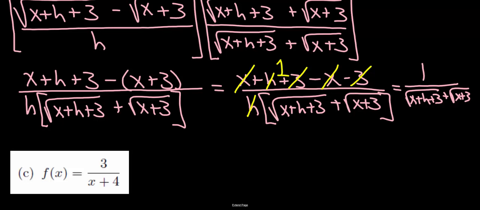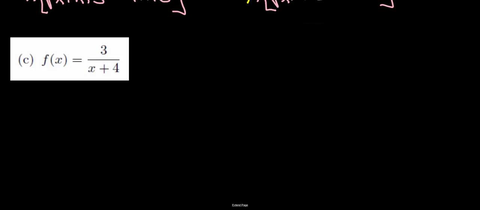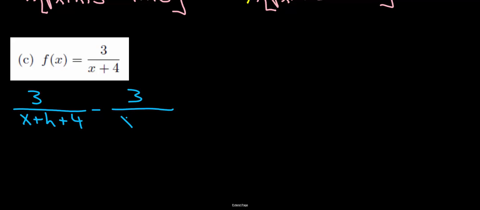Now here's the third type, where we have this rational function. We set up the difference quotient just like always. There's the difference quotient. But the problem with this one is we've got these extra denominators.